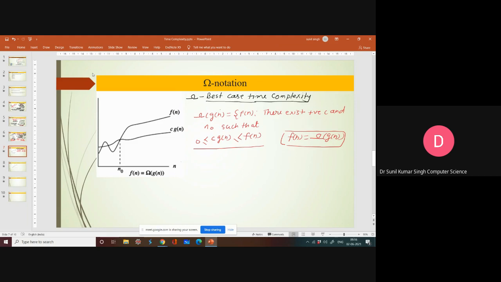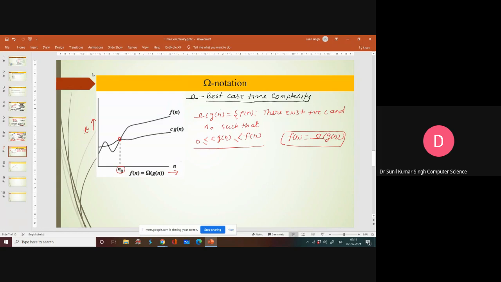Now again, look at the diagram here. This is T representing the time complexity, and this is the input, and n naught is the value indicating that after this point, f(n) is always going to lie above C g(n). Now let's take an example to find out how it works.